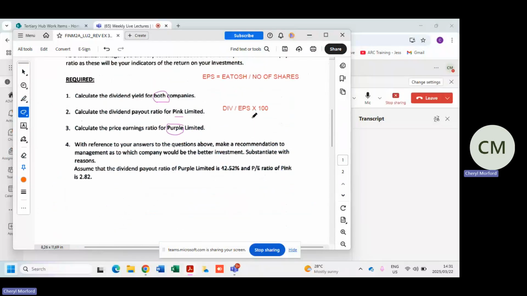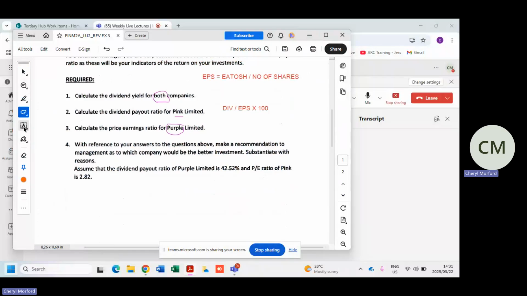But let's get back to number 3. The price earnings ratio, this time for purple. So first of all, what does it mean? How many dividend payouts must the investor get before they can recover the purchase of the share? So price earnings. Okay.